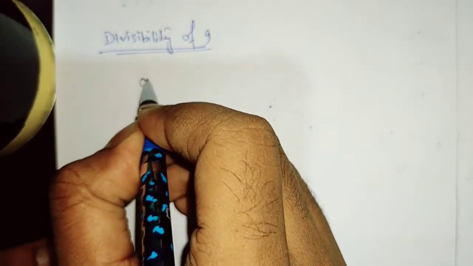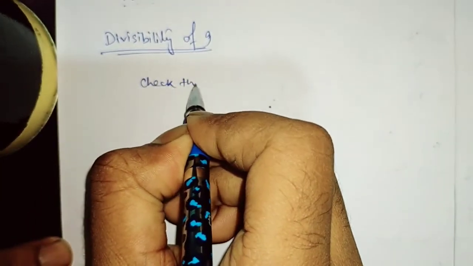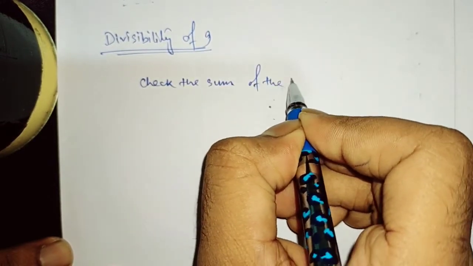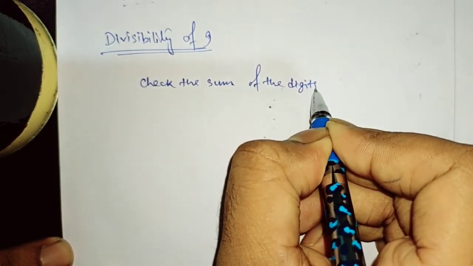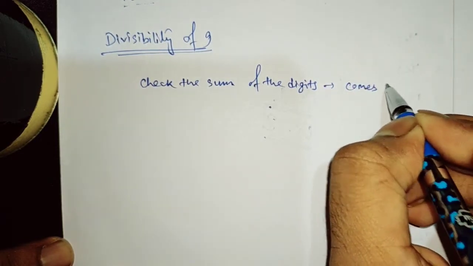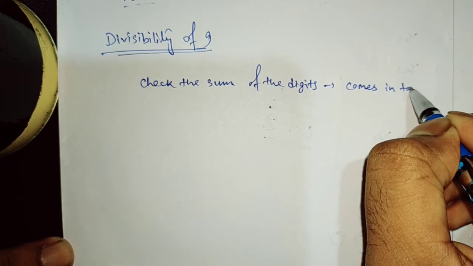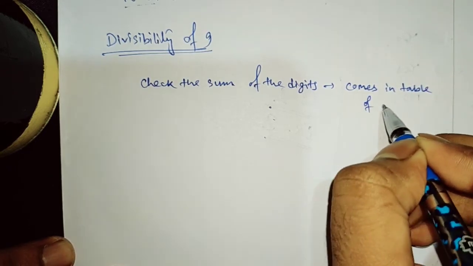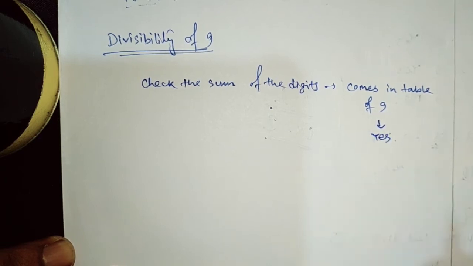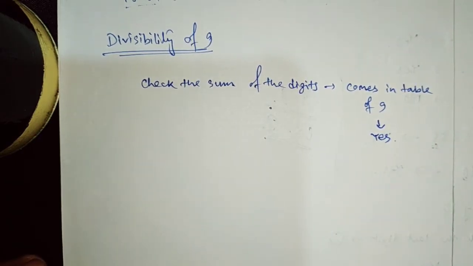That means we have to check the sum of the digits. If the sum comes in the table of 9, that means yes, that number will be divisible by 9. In both cases we have to check the sum of the digits. Okay, 3 and 9, remember.